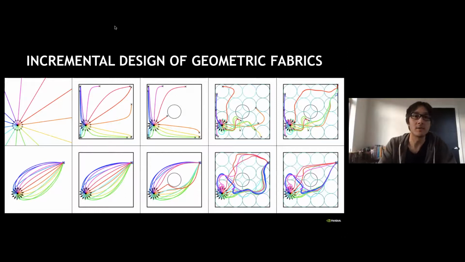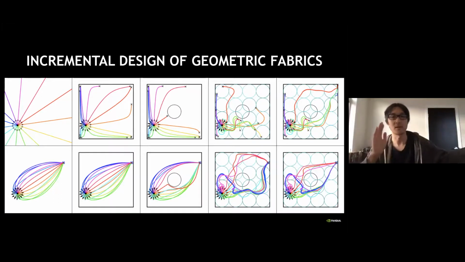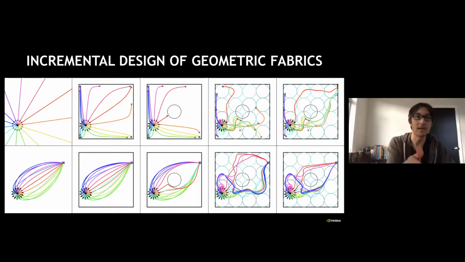So here we're incrementally designing a geometric fabric layer by layer, layering piece by piece on top of the previous ones without touching the previous ones, and looking at how the behavior combines, how it still converges to a target, and how each new component affects the resulting behavior.